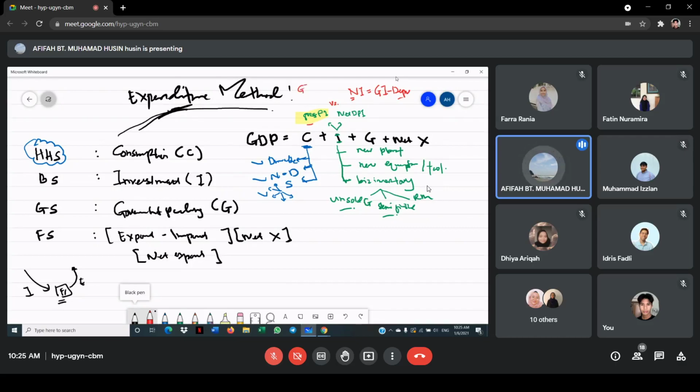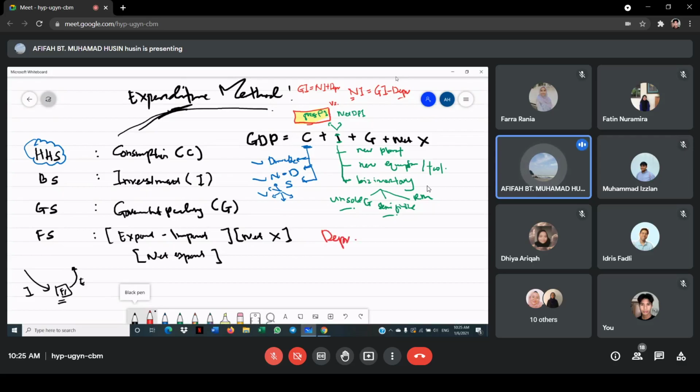So, gross investment is actually net investment plus depreciation. So we will calculate gross. So in exam, if they give you net investment, when you want to calculate GDP, you have to plus depreciation.